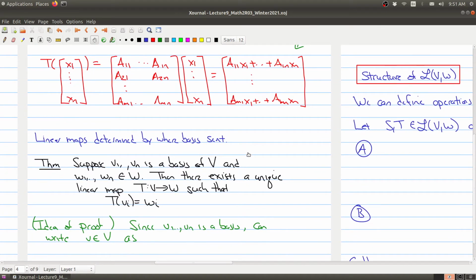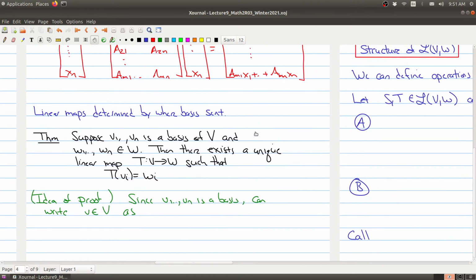And then here we have an important theorem, and I'm not going to prove it, but I'll just sketch out the idea, that linear maps are determined by where a basis is sent. So let me be a little clearer about what this means.